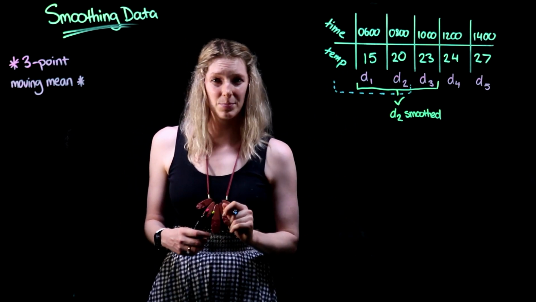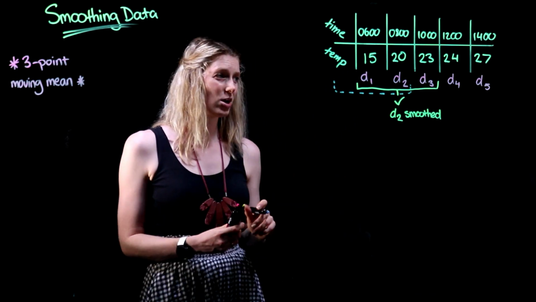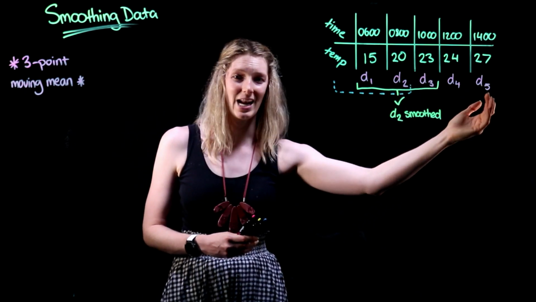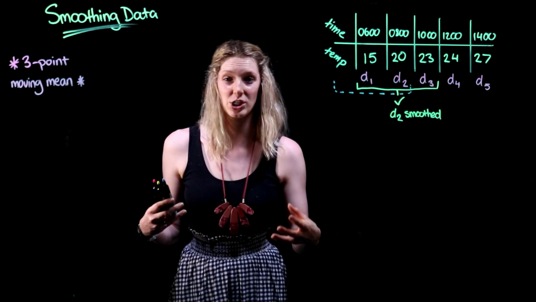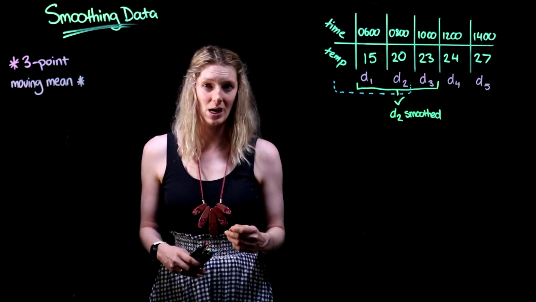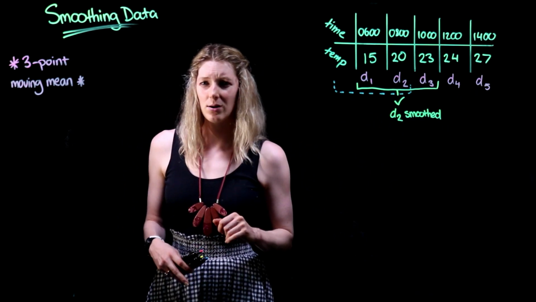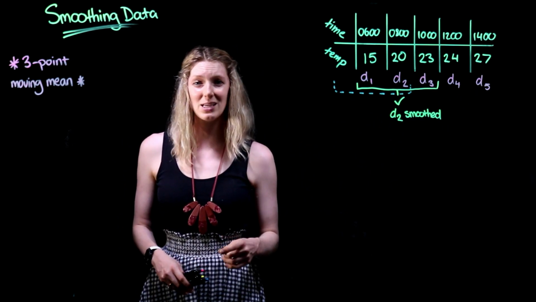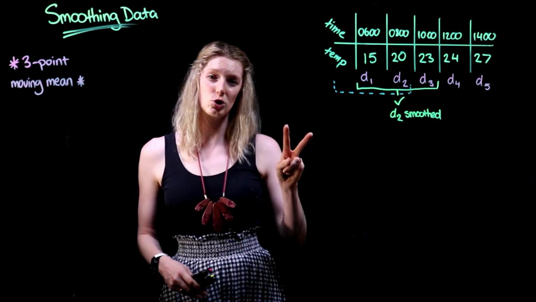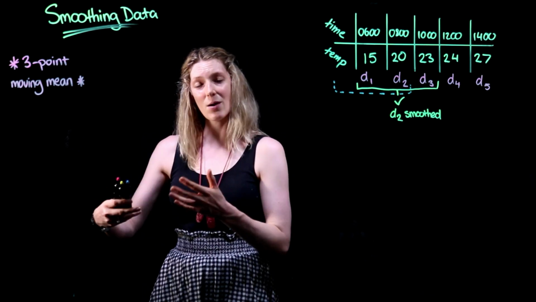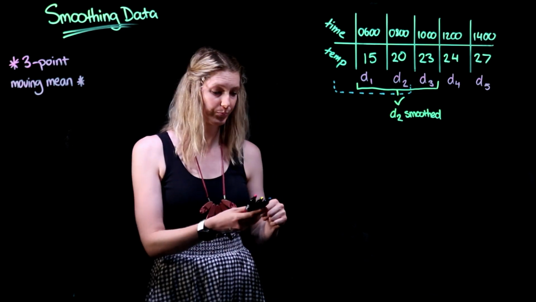So when we end up smoothing our data, we're going to end up with our first and our last data points not actually having a smoothed value. So that is just something to keep in mind when we are smoothing our data points, is we are going to end up with 2 less data points than what we had in our original data.